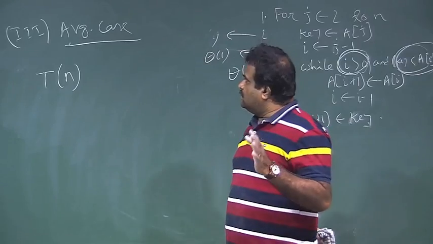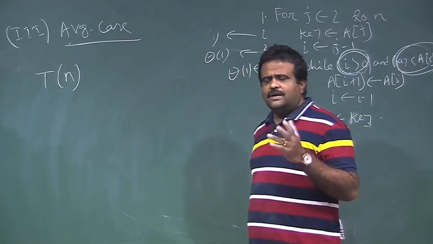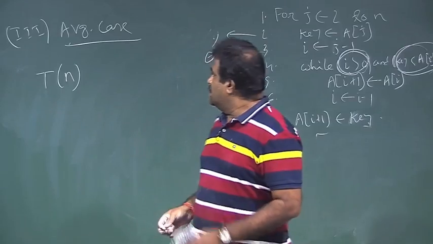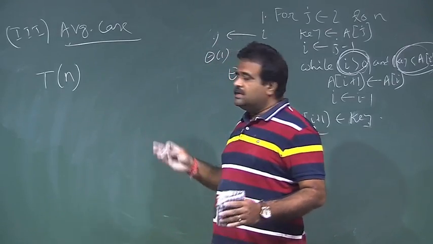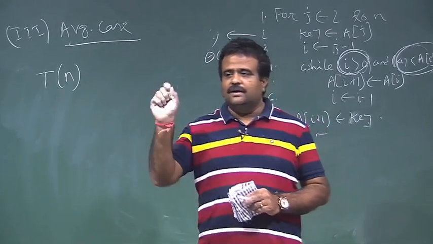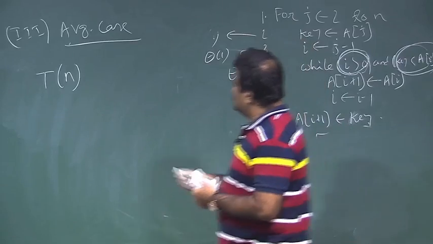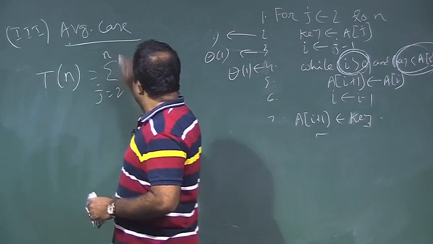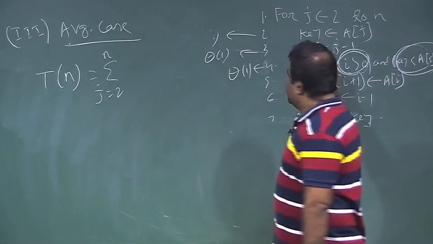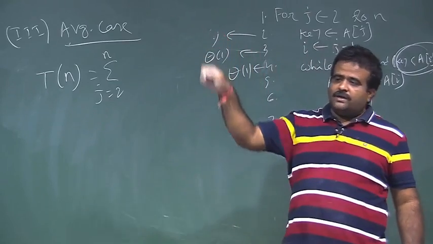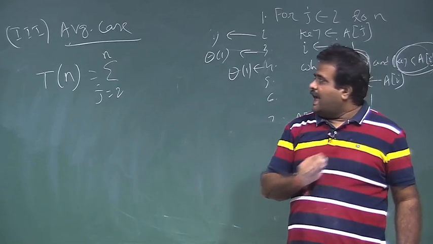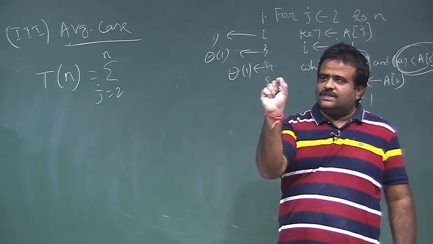Anyway, here intuitively we can think that in the worst case, this is the j loop, a summation with an outer loop j going from 2 to n. In the worst case, j is coming all the way to the beginning and we are inserting the key, and in the best case j is just comparing once.